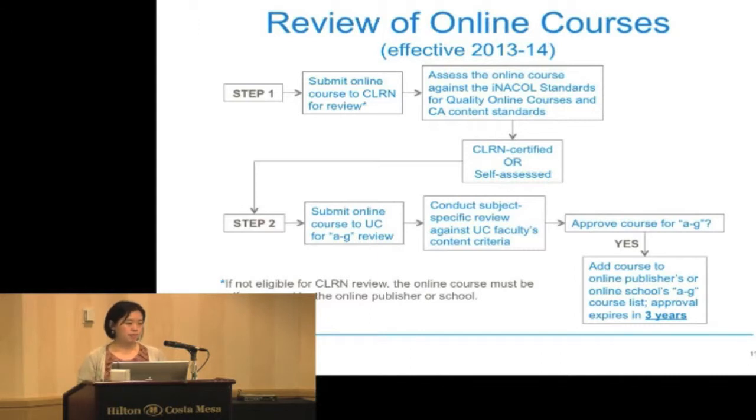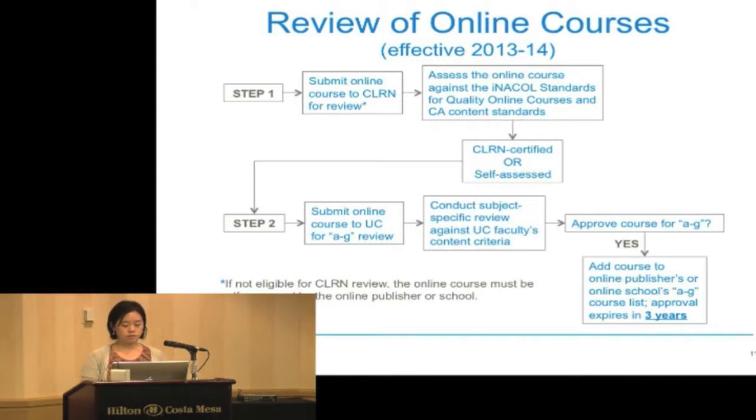How that assessment happens will depend on the governance of the online educational program, and it will also depend on the content of the online course, which I will get into in a moment. So, in other words, the course will either become CLRN certified, because the course will be submitted to the California Learning Resource Network, or it will be self-assessed against the INACOL standards.